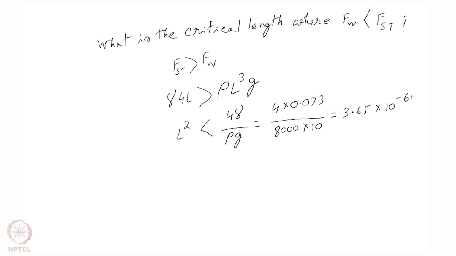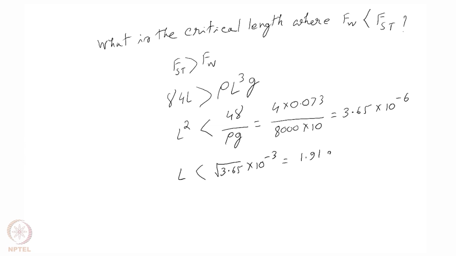Okay. So L becomes the square root of 3.65 into 10 to the power minus 6, and that is equal to 1.91 into 10 to the power minus 3 meter.